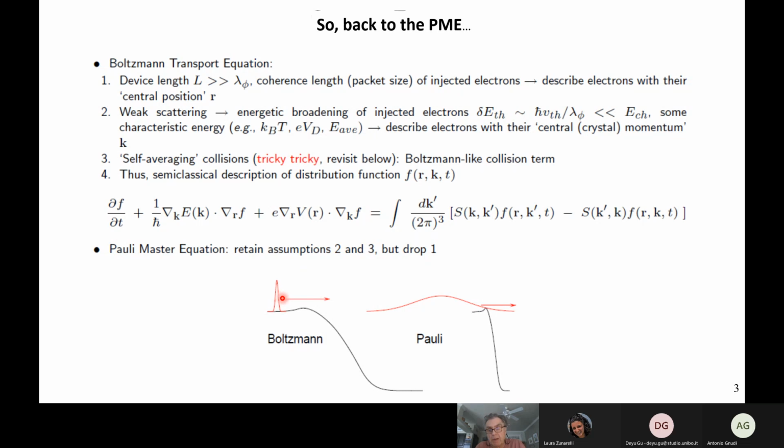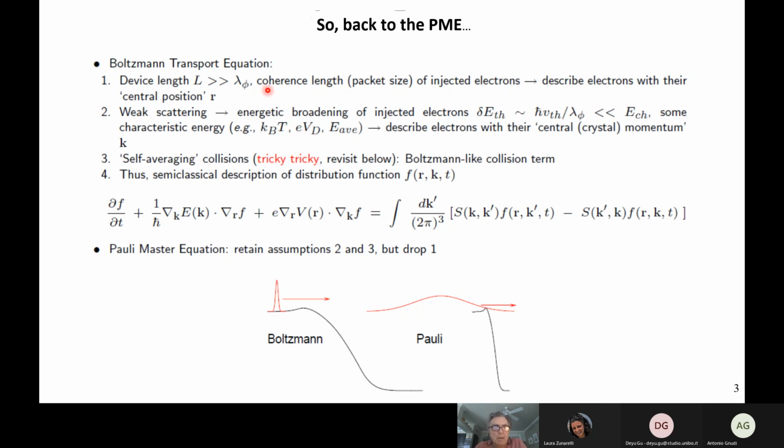So the electron may have a collisional broadening of a few milli-electron volts if you're dealing with systems in which the typical electron energy is of the order of eV near the drain, or in any case, even in the source and drain, is the thermal energy, some tens of milli-electron volts, for example. You ignore this spreading. And then the electron can be treated as a particle that has definite momentum and position, both of them viewed as the central values of the packet. So essentially you end up ignoring the Heisenberg uncertainty principle.